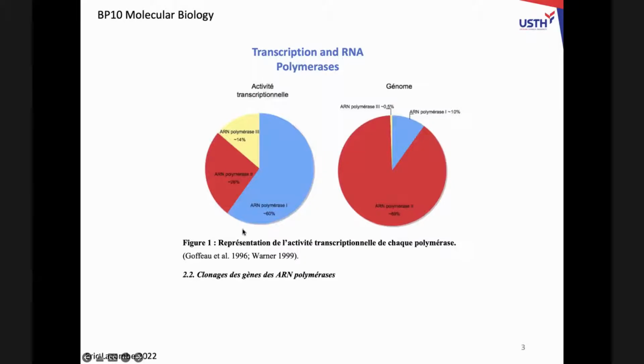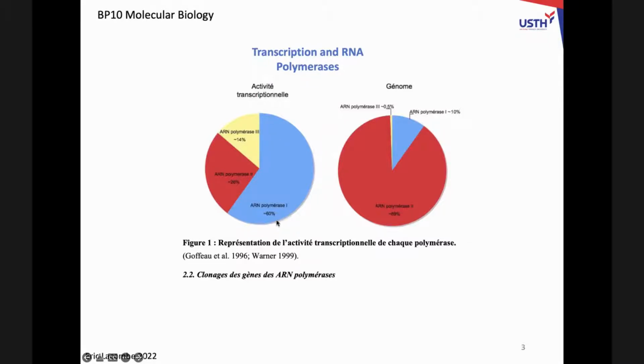So this 60% represents only the RNA that are present in all the ribosomes inside the cells. So they won't be translated, but this is the majority of RNA.